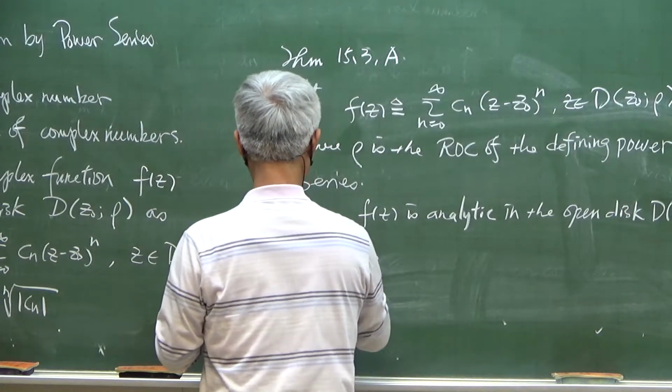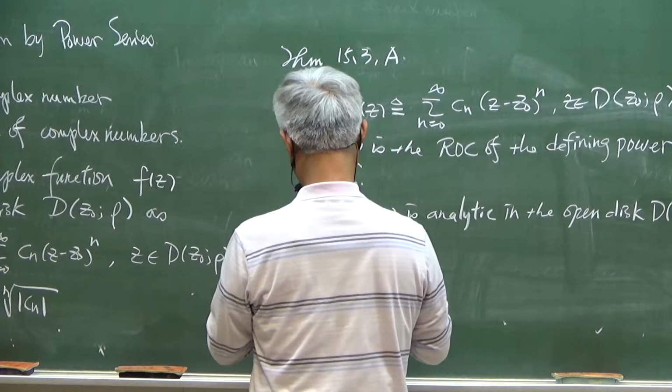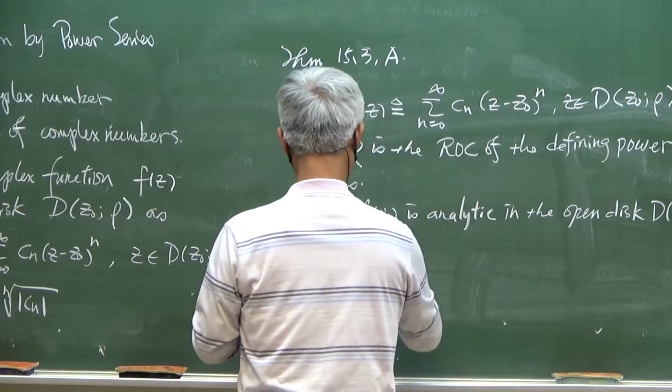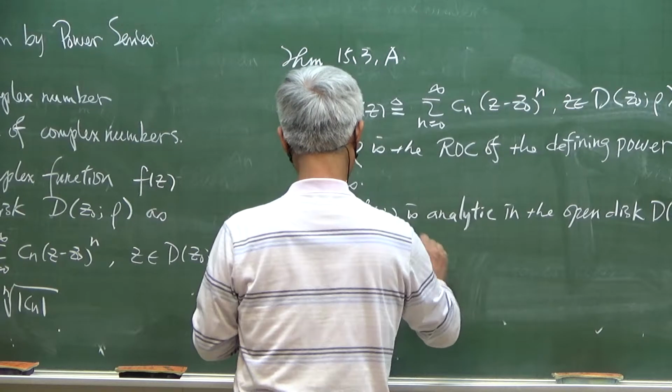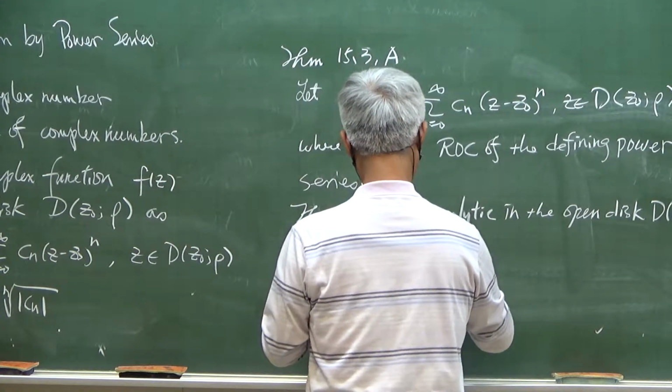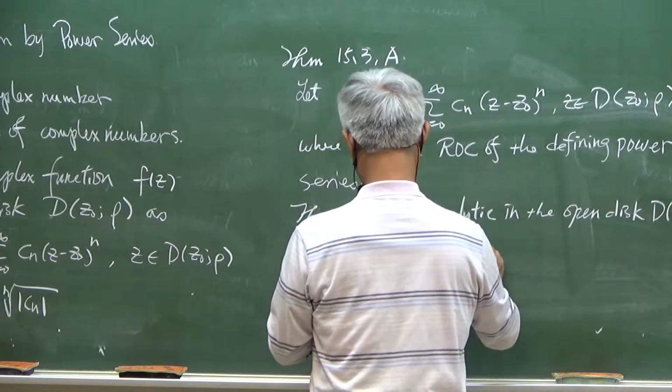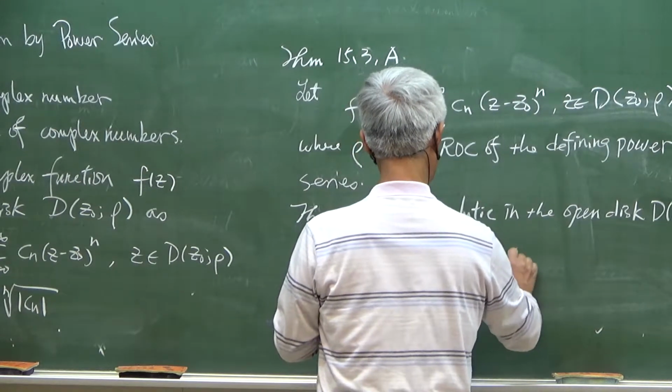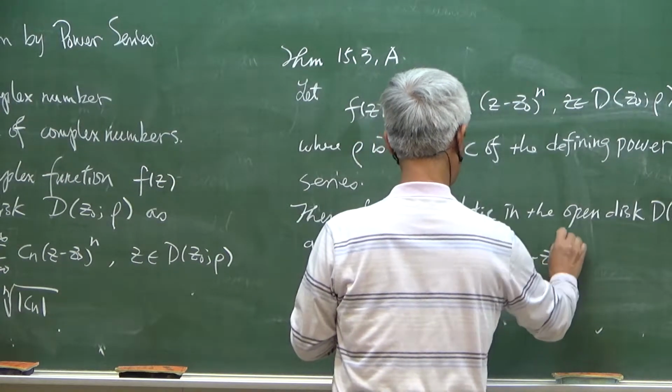And its derivative can be written as the sum of n Cn (z minus z0) to the n minus 1.